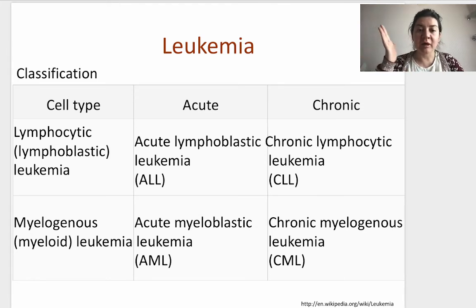That's why in acute forms we use blastic, and it's not completely correct for chronic forms, because in chronic forms different intermediate forms of cells can be in the blood. That's why the more correct name for it is cytic. So for chronic forms we use lymphocytic or myelogenous. For acute forms, lymphoblastic and myeloblastic.